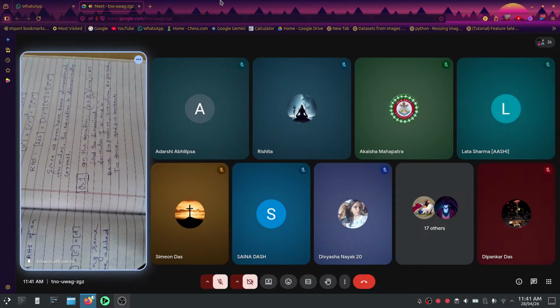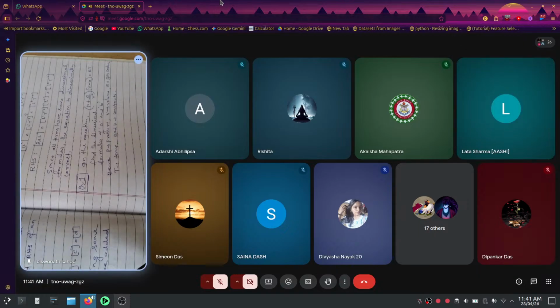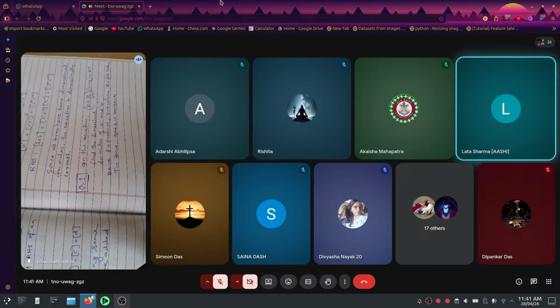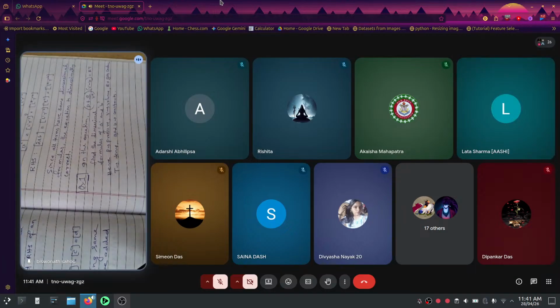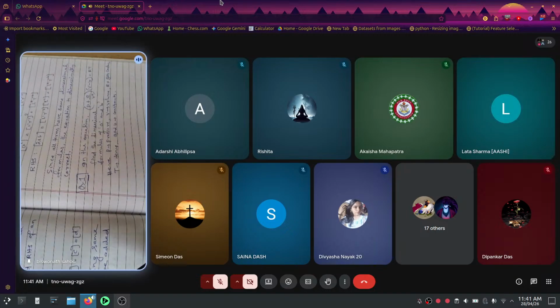Your name, please? Sir, Ashi Sharma. Sir, but how will we solve this equation without the dimensions of R? We have told, principle of what? Homogeneity. Use that. Think about it.